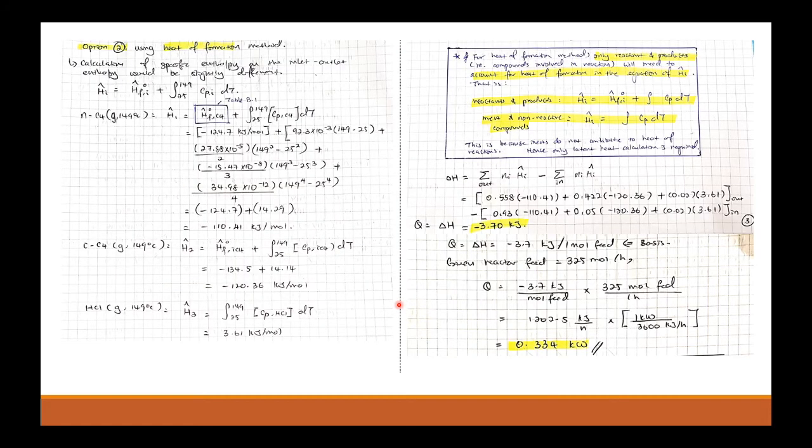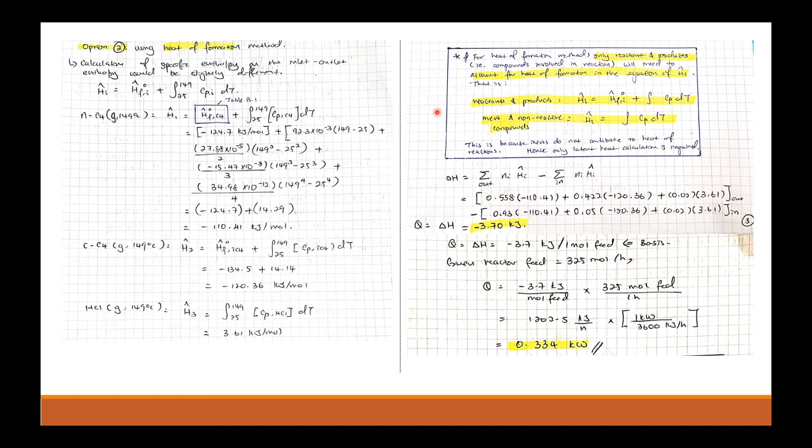Another method we can use is the heat of formation method. So how do you know if you're using heat of formation or heat of reaction? The heat of formation method is used when you have multiple reactions happening together.